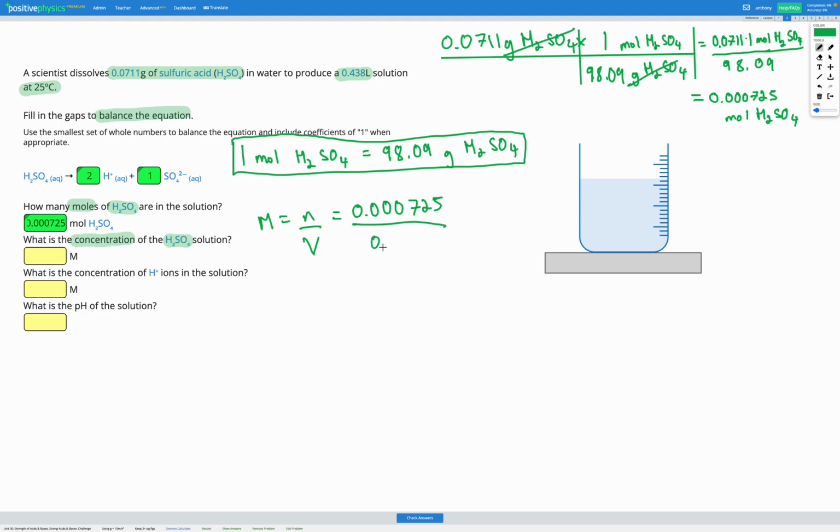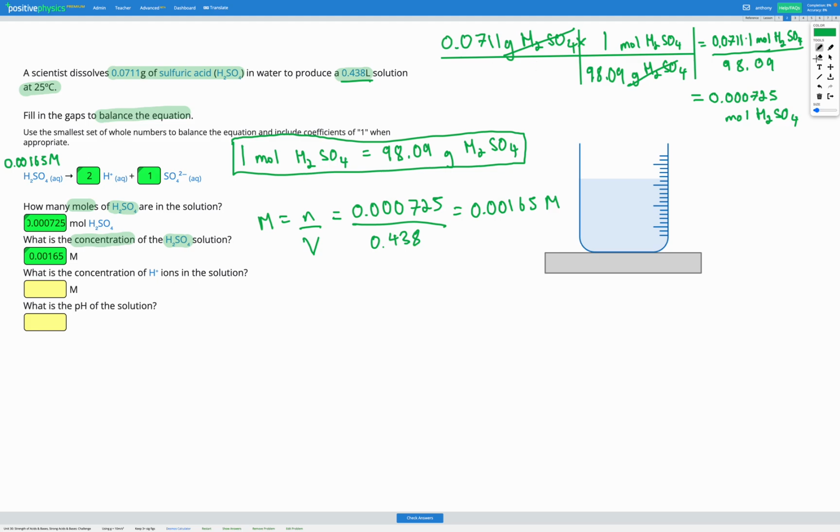The volume is 0.438 litres from the question up here. If we put that into a calculator, we get a molarity of 0.00165 molar. So let's go ahead and fill that in. Awesome. Okay, so we've got the concentration of H2SO4 is 0.00165 molar.